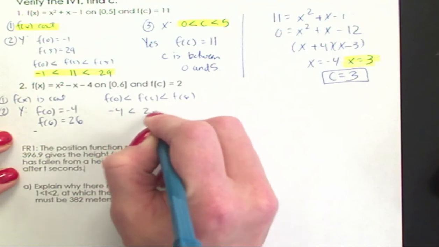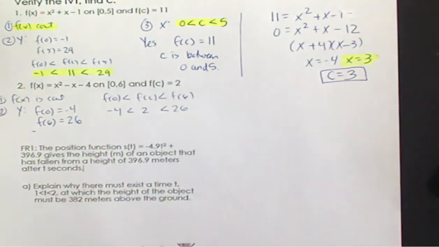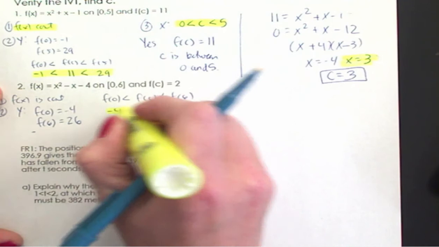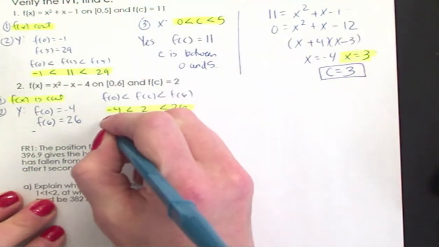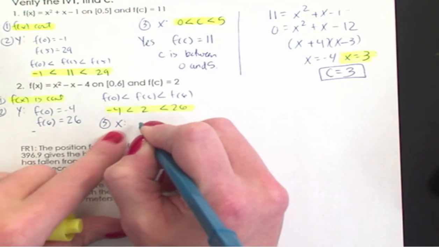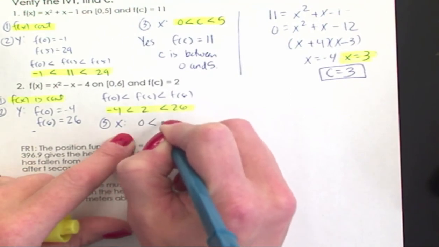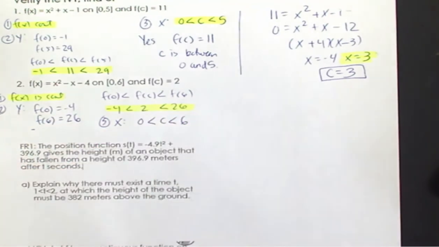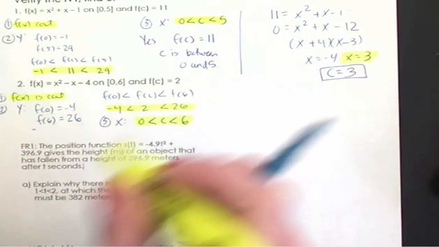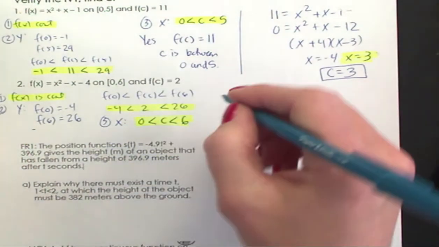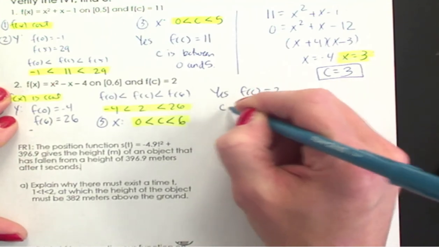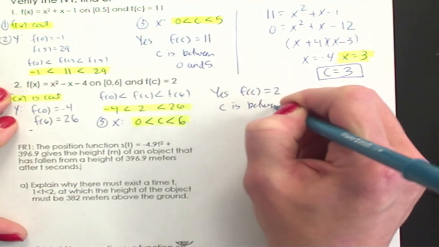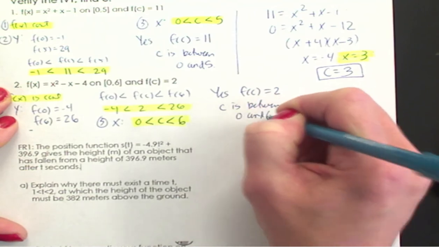Negative 4 less than 2 less than 26. Okay, there's my inequality. That's true. Okay, now for the x's. 0 is less than c is less than 6. Okay, yes, f of c equals 2.